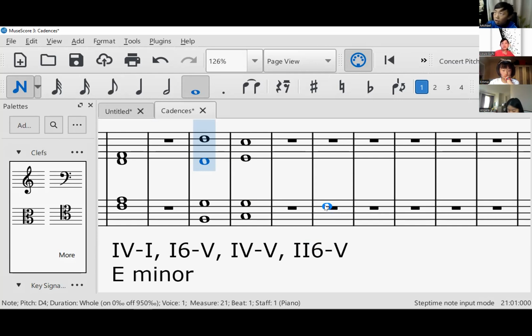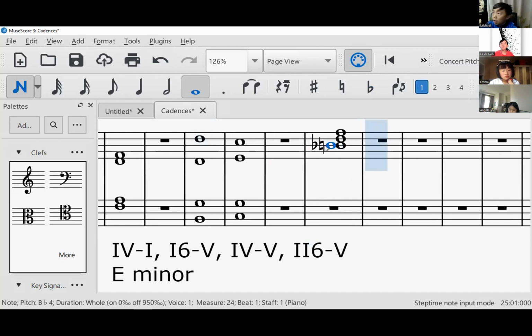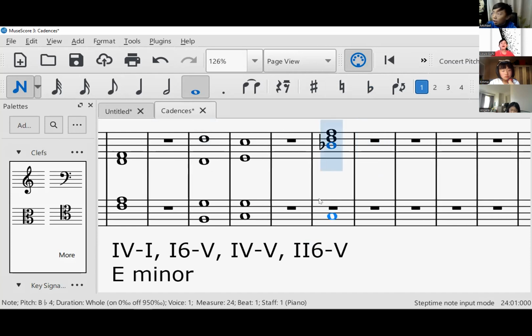So chord 6 in D minor, in root position first. B flat, D, and F. I need to put that B flat in. B flat, D, and F. And now in first inversion, it becomes D, F, B flat. Now remember that 6 is a major triad in a minor key.